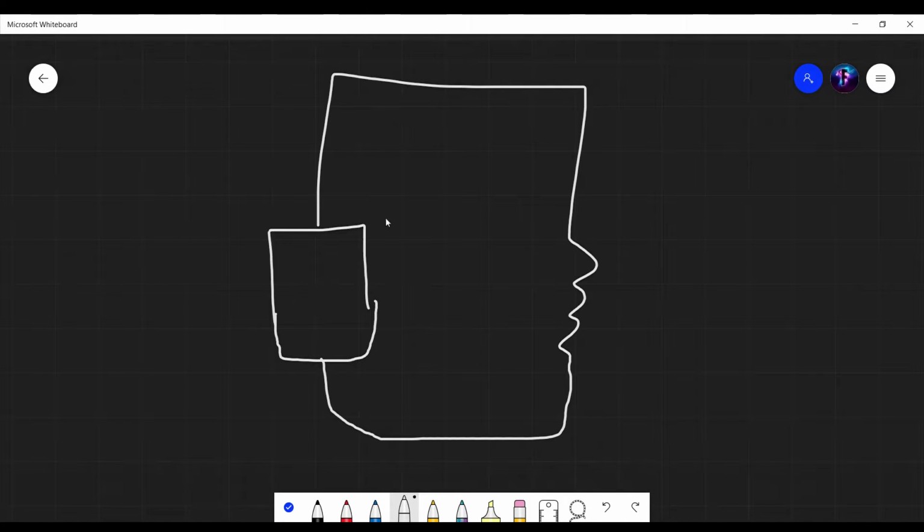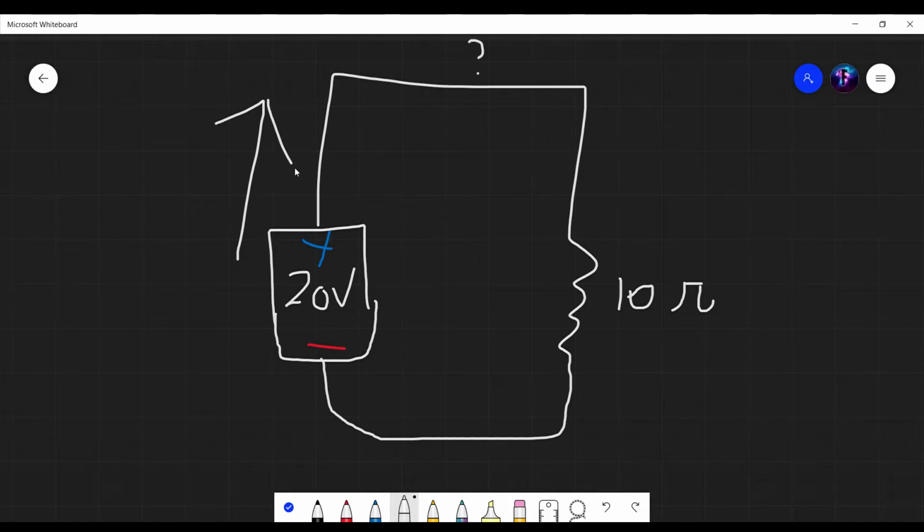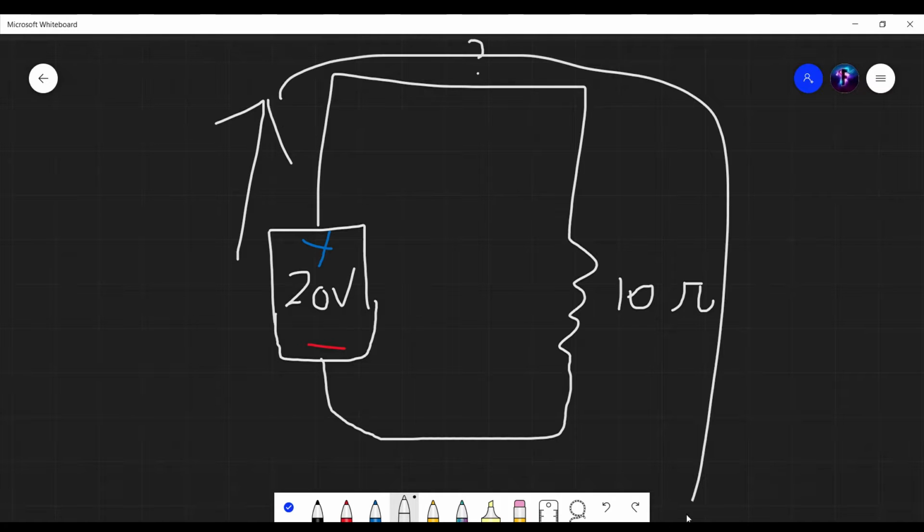We need to know what the current is. And let's just say it's still 10 ohms, but instead this one's about 20 volts, and this is the plus sign, and this is the minus. So again, the electricity will be going this way, and then looping around the circuit into here.